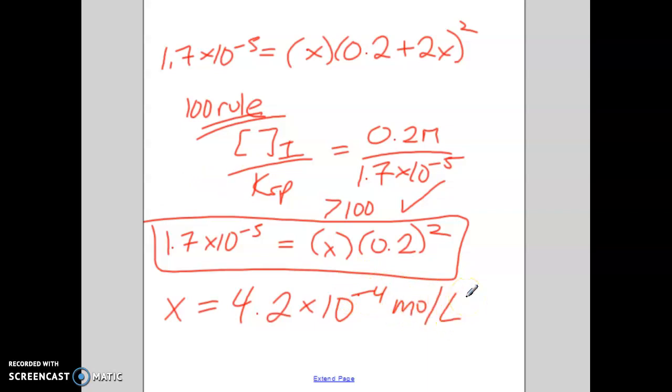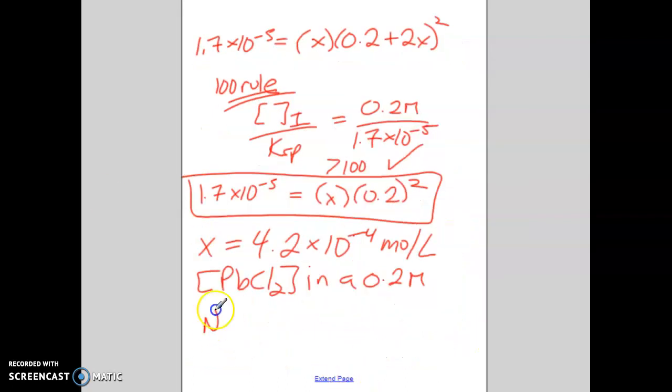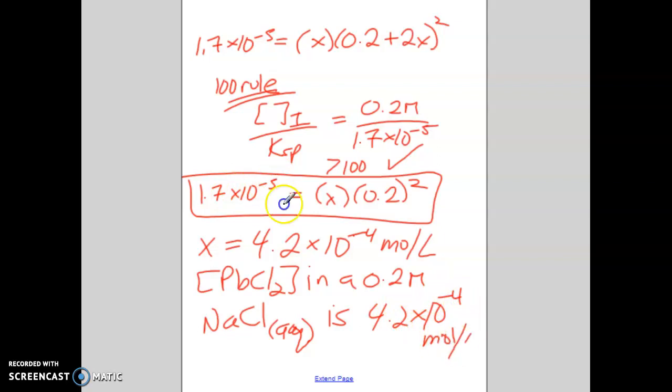So the molar solubility of PbCl2 in that 0.2 mole per liter NaCl solution is 4.2 times 10 to the negative 4 moles per liter.